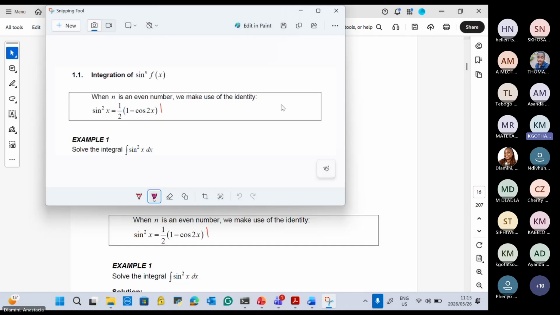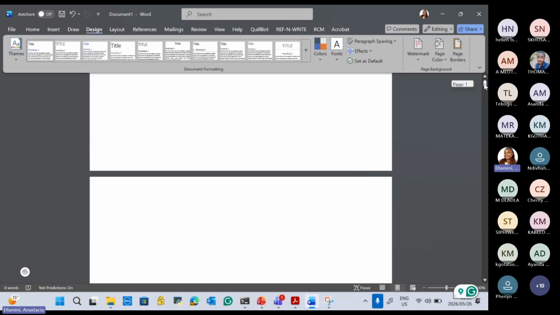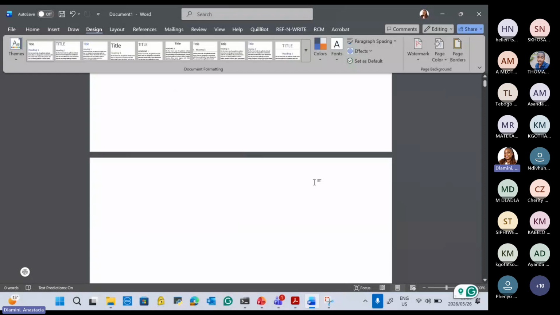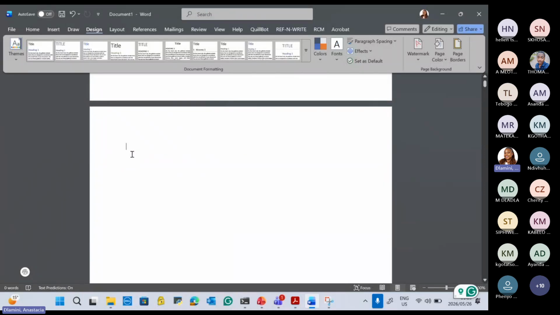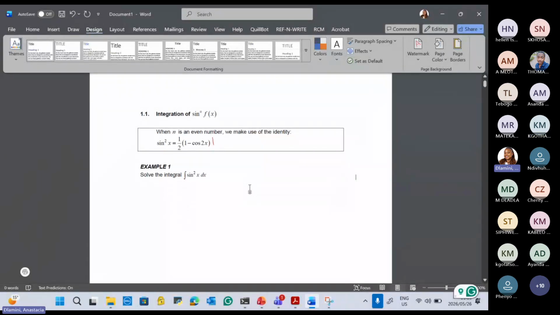It's not part of the syllabus, but if you want to do fractional calculus with me or other colleagues for research, you're more than welcome. Will do. So now let's look at this.